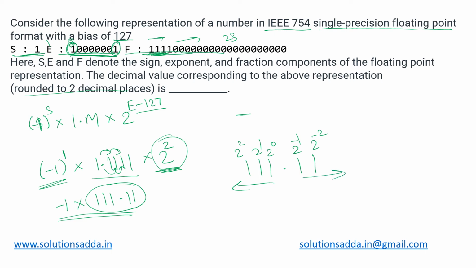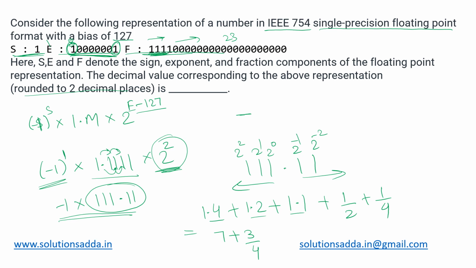So the result is 1 times 2 squared, which is 4, plus 1 times 2, plus 1 times 1, plus on this side 1 times 2 to the power minus 1, meaning half, plus 1 by 4. This becomes 4 plus 2 is 6, plus 1 is 7, plus half and 1 by 4, so 3 by 4.